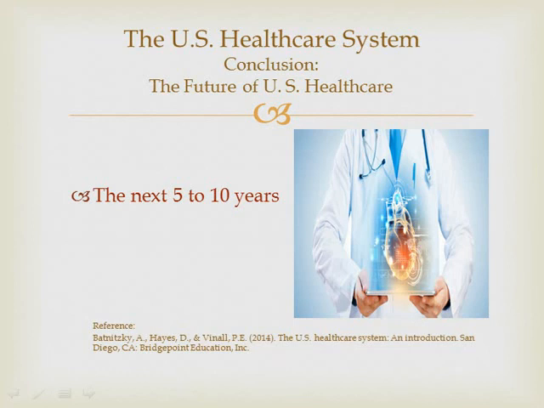Conclusion, the future of U.S. healthcare. Where are we going to be in the next 5 to 10 years? What is in the future for the United States healthcare system? The federal government is creating a path for this country to have a form of socialized medicine or insurance.